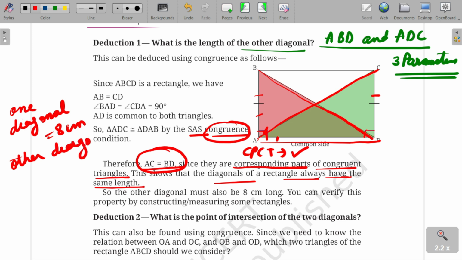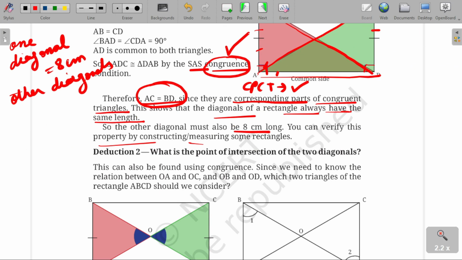So we have proved that the lengths of the diagonals of a rectangle are equal to each other with the help of the congruency rule. The other diagonal length must be 8 centimeters, verified with the help of the property of construction of a rectangle. So this was the deduction of the first part, that is, the length of the other diagonal.